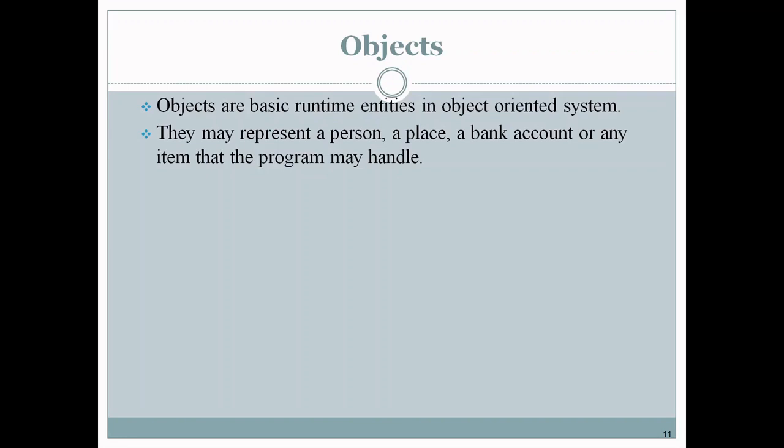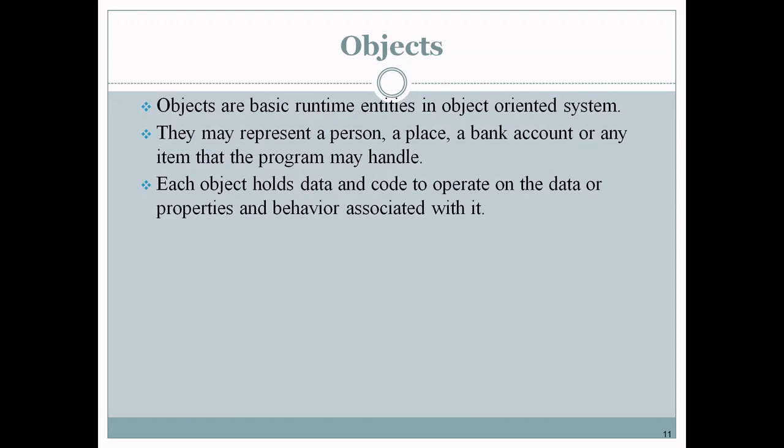So these are the real world entities which you can see around you. For example, I may say a bird as an object. I may say a mobile as an object. I may say an animal as an object. So there are many objects in and around us.